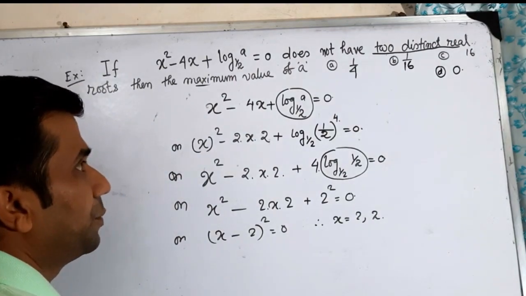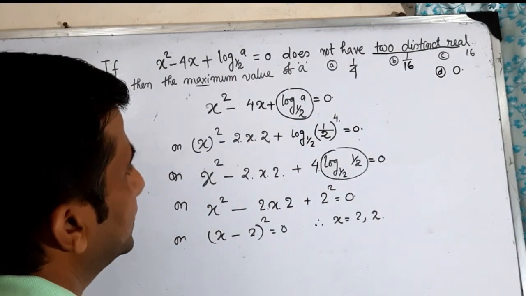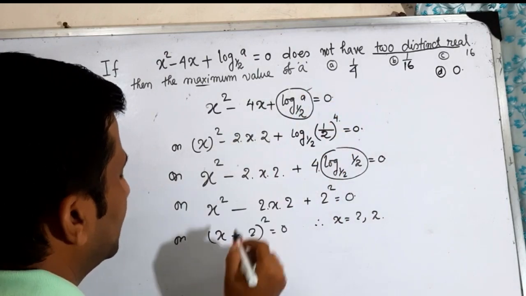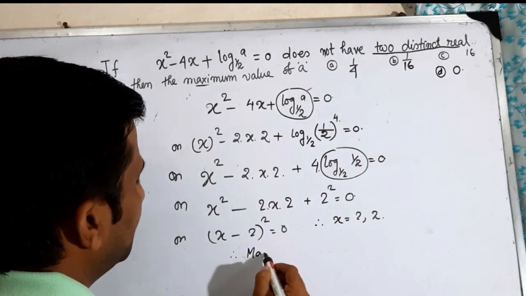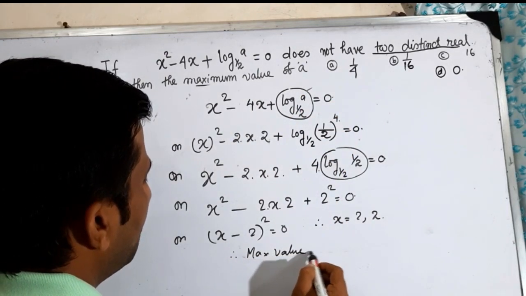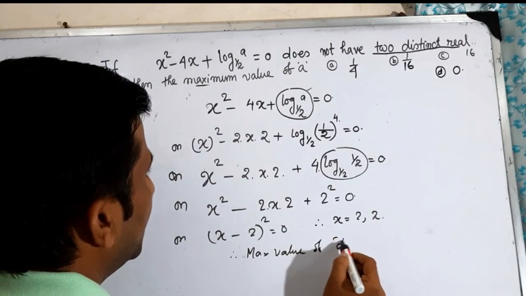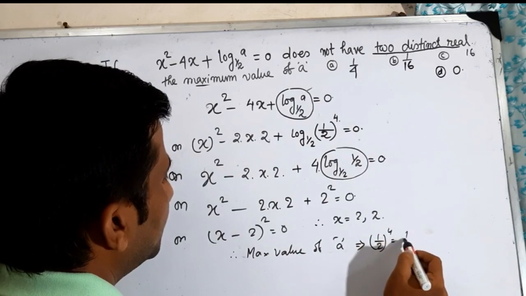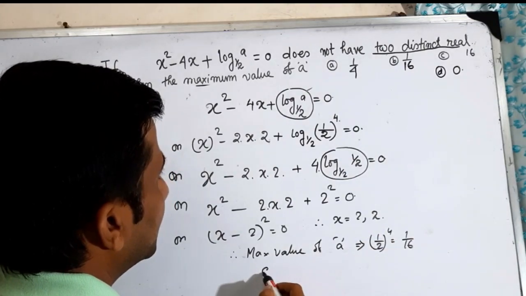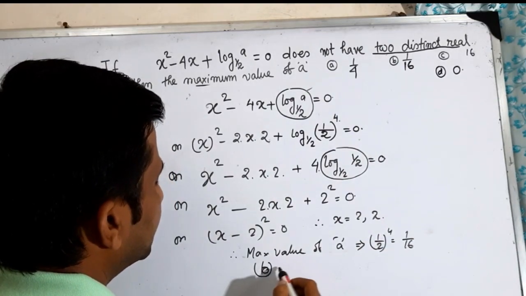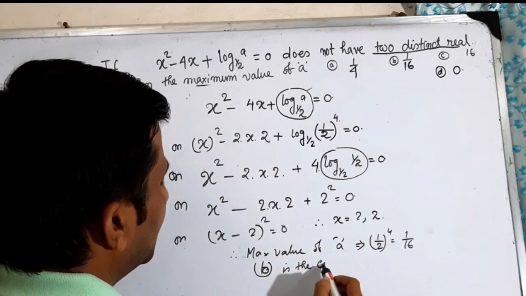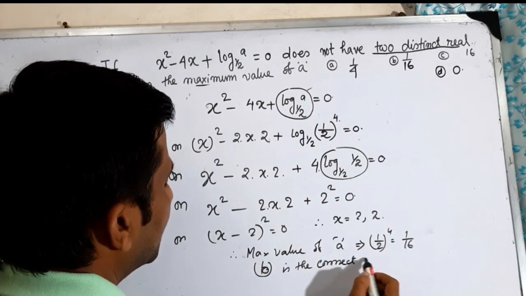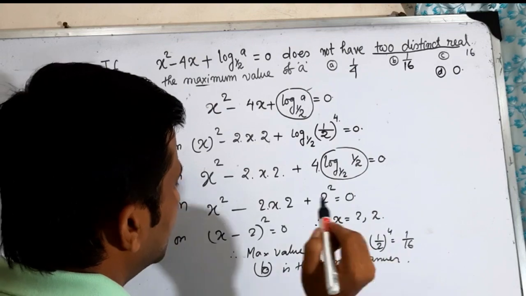Then the maximum value of a is equal to half to the power 4, that means 1 by 16. Then B is the correct answer.